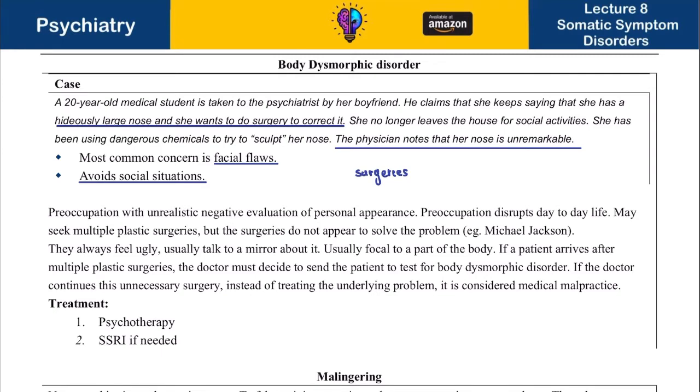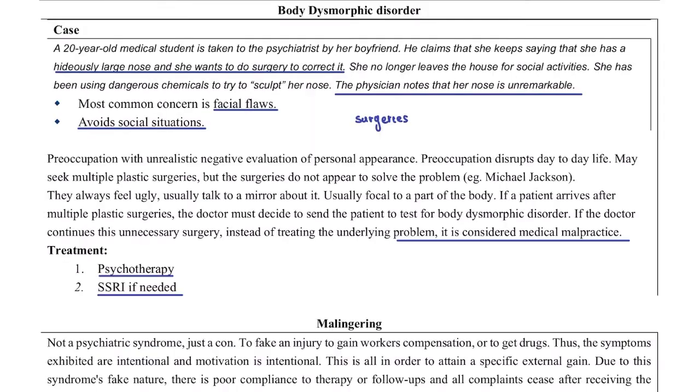And they would keep doing it, until it actually becomes abnormal. And if you, as a doctor, continue this unnecessary surgery without treating this underlying problem, this is considered medical malpractice. The treatment is psychotherapy, and SSRIs can be given if needed.